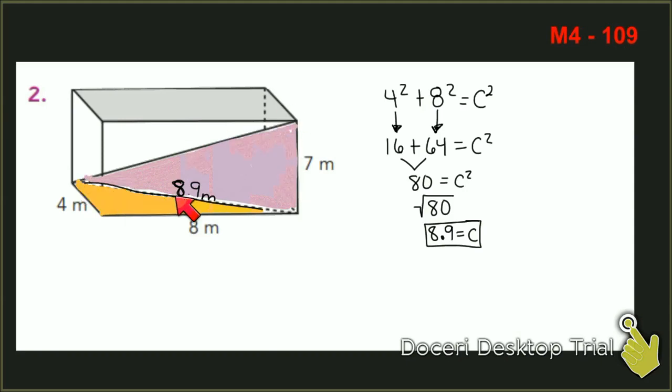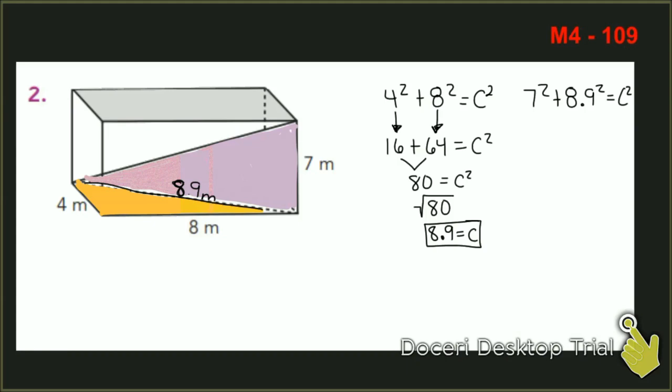I have a leg that's 8 and 9/10, and I have another leg. The height of this triangle is 7. So I have A and B, and I'm going to use these two values to find C. Same steps. We're coming over here to the side, and I have 7 squared plus 8 and 9/10 squared equals C squared.